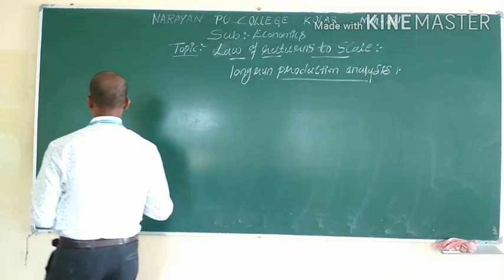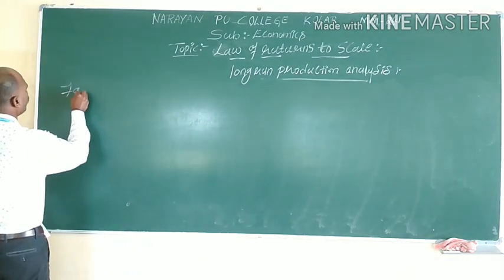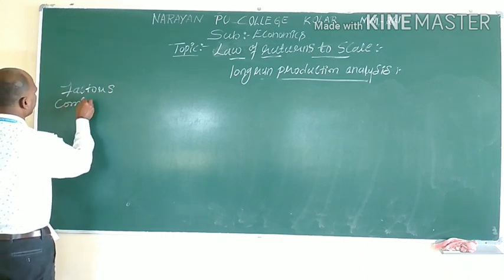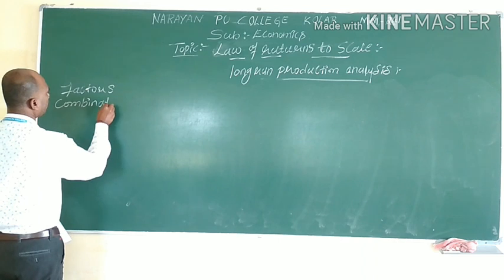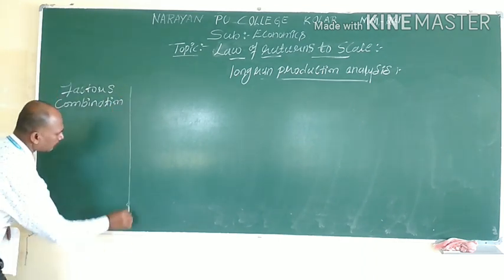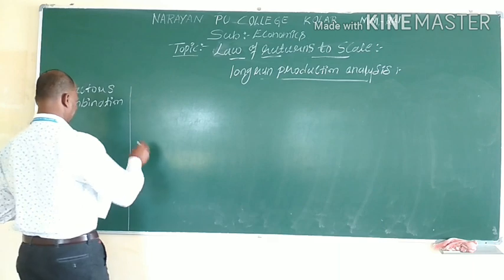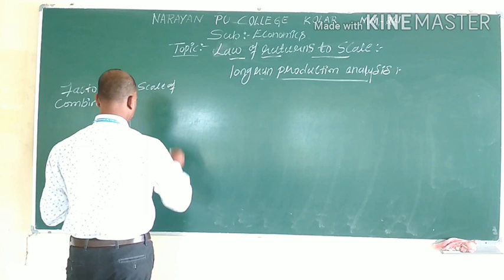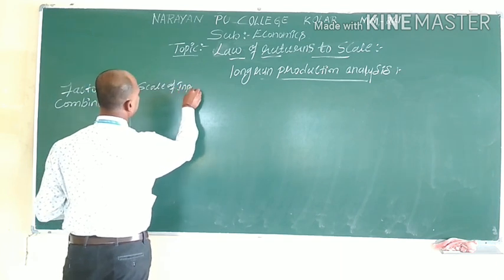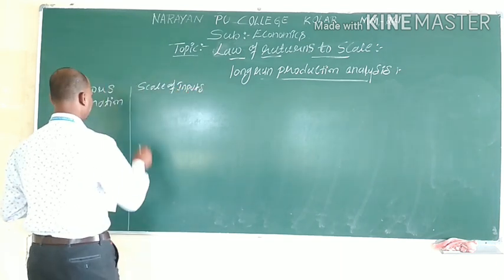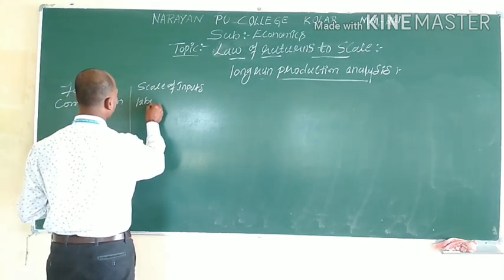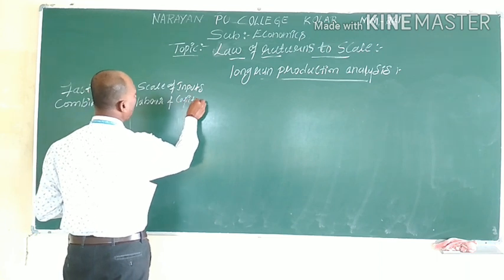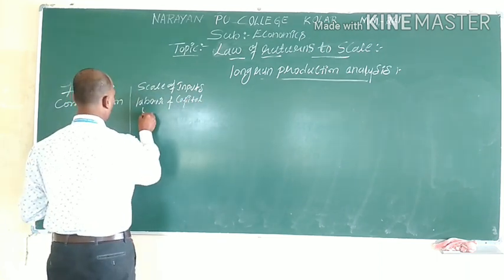Column 1, factors combination. Column 2, scale of inputs, which are labor and capital units.